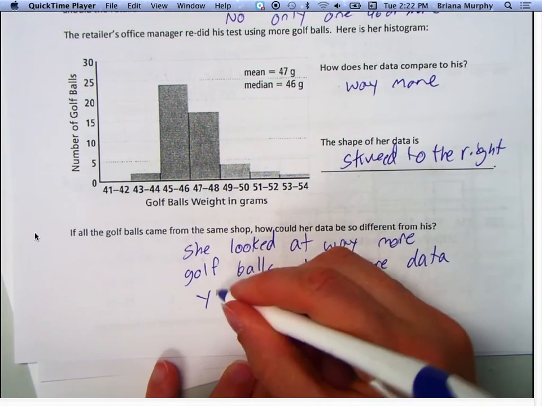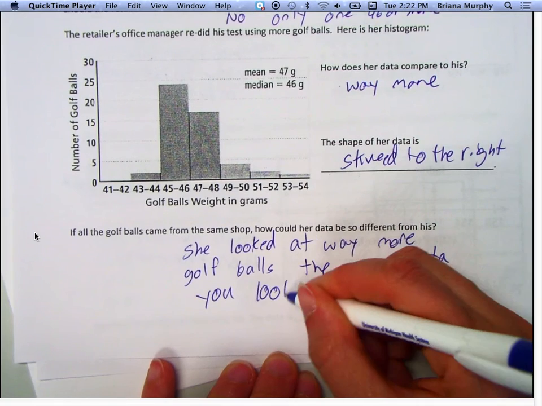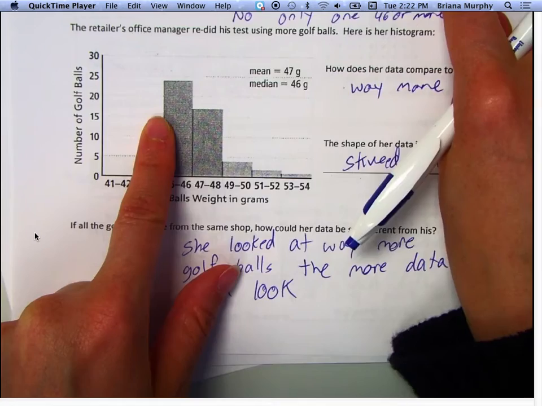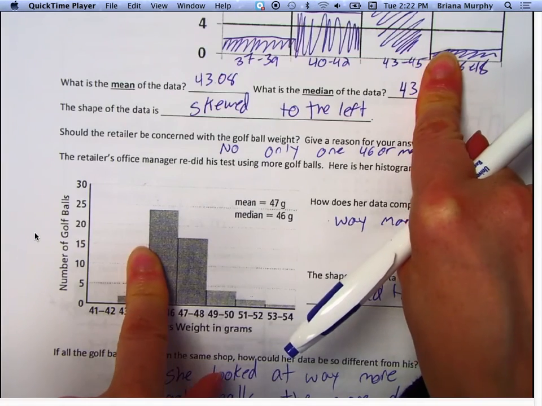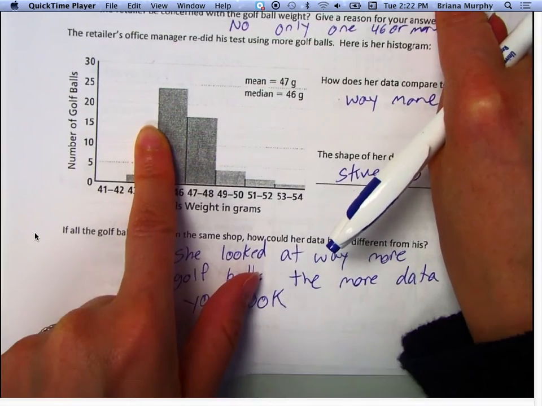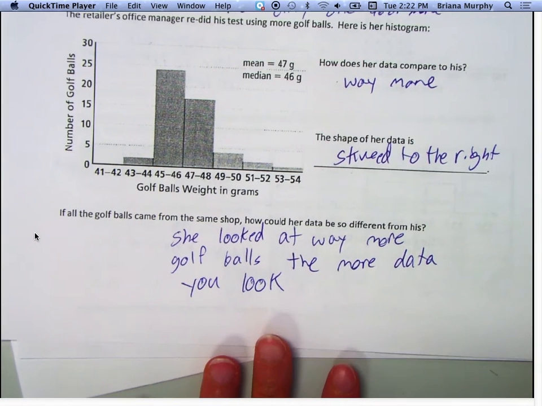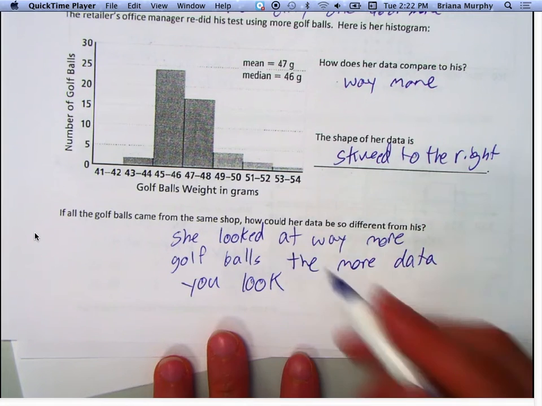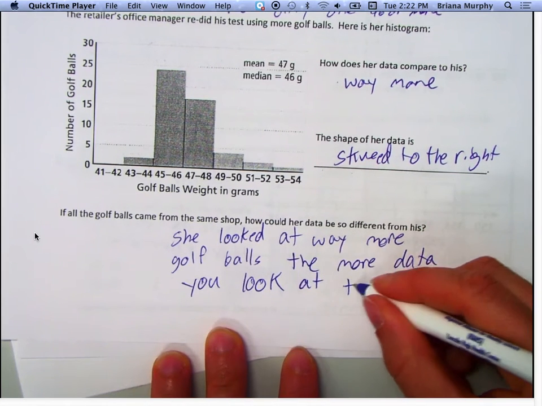Isn't it random? Look how many more golf balls she looked at than he looked at. Grace, you can leave if you can't pull it together. Knock it off. She looked at way more golf balls, and the more data you look at, the more accurate the data is.